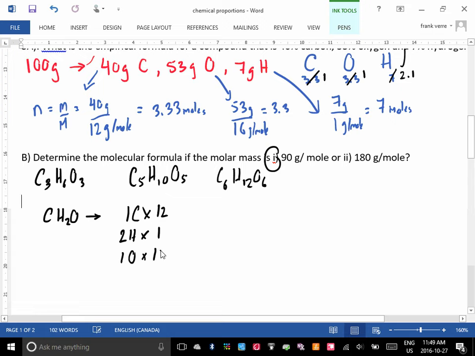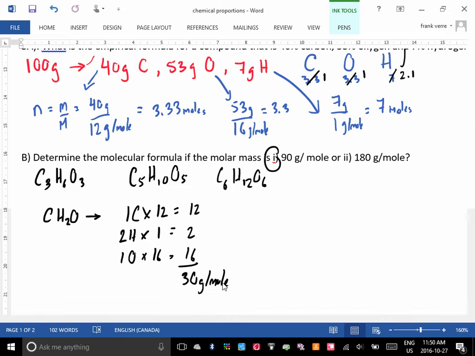And oxygen is 16. So that would be 12, 2, 16. What does that add up to? 30? 30 grams per mole. Right? That's the molar mass of CH2O.